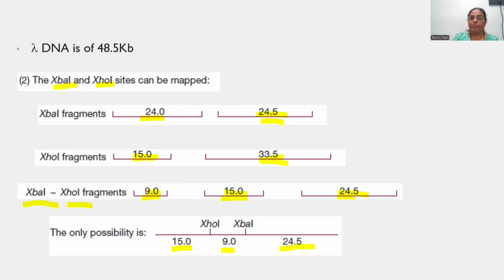Before the 24.5 kb, there will be the restriction site for XbaI, and after the 9 kb, there will be the restriction site for XhoI. Why? Because 9 plus 24.5 kb gives 33.5, and 15 plus 9 gives 24 kb. In this way, you can map or allocate the restriction sites over the DNA.